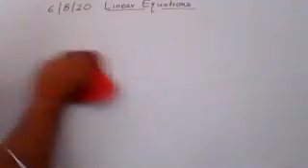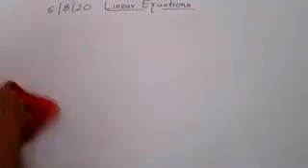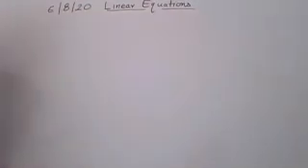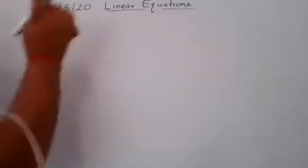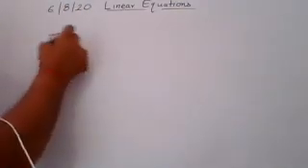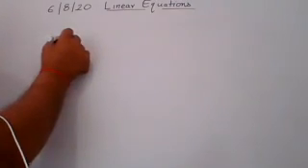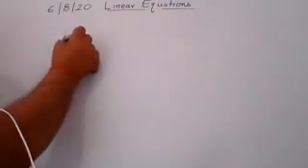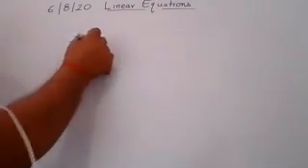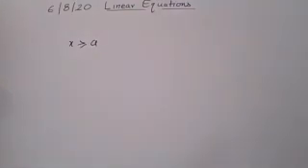Everyone knows how to plot the graph of a line which is parallel to the x-axis and parallel to the y-axis. Now, if you have an inequality like x is greater or equal to a, you plot the graph of this one.